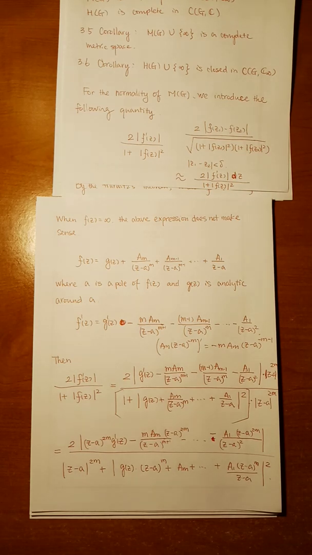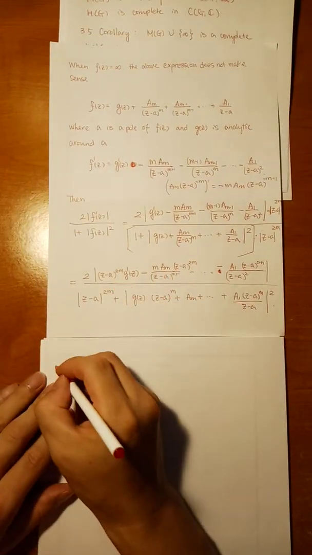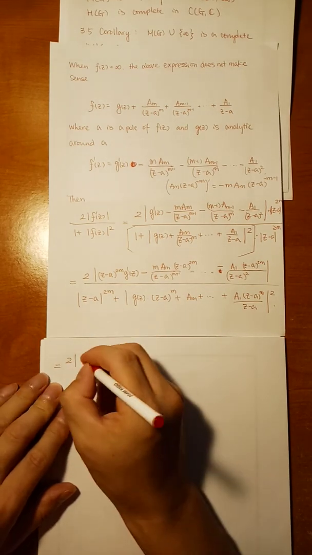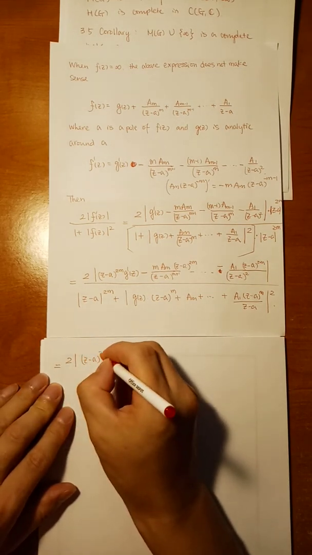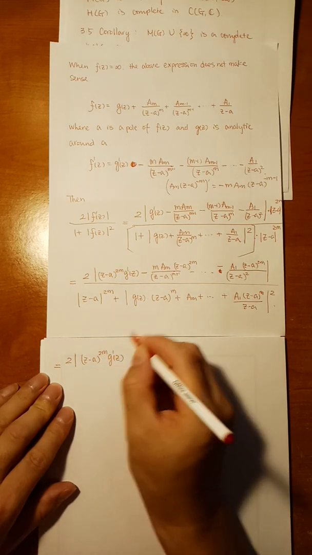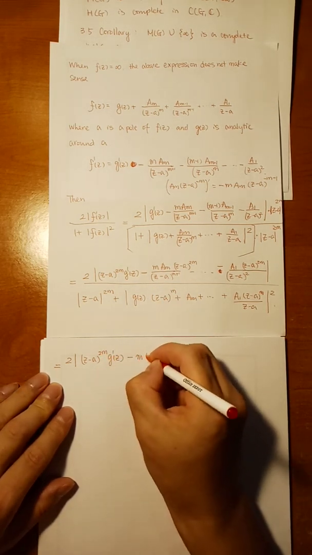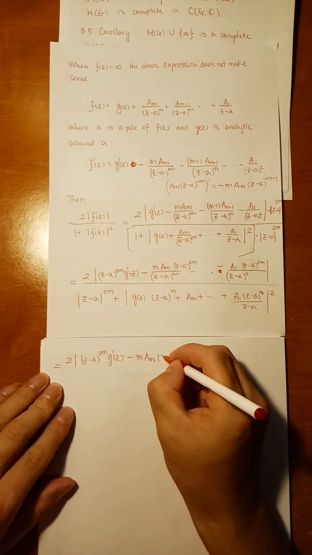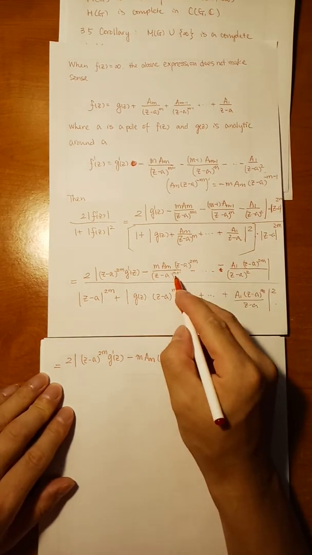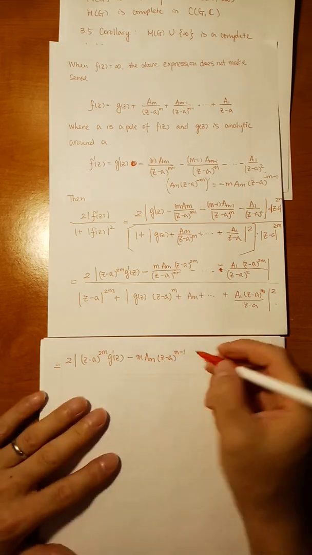Then this one, okay. Let's try to see the numerator: 2|z−a|^(2m) g'(z). Here is minus m a_m (z−a)^(2m−m−1), it's a_(m−1).